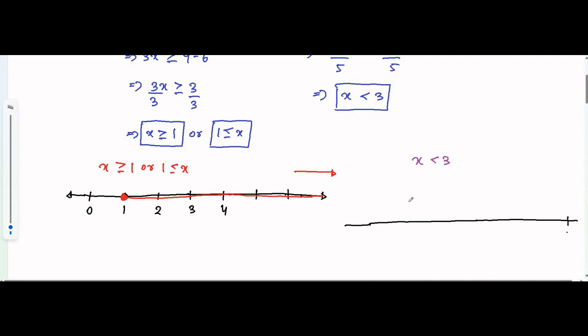So here we have 3, 2, 1, 0, -1, -2, -3, -4, like this.